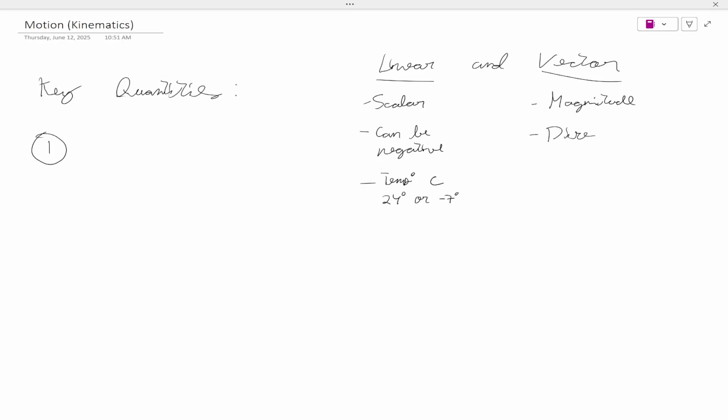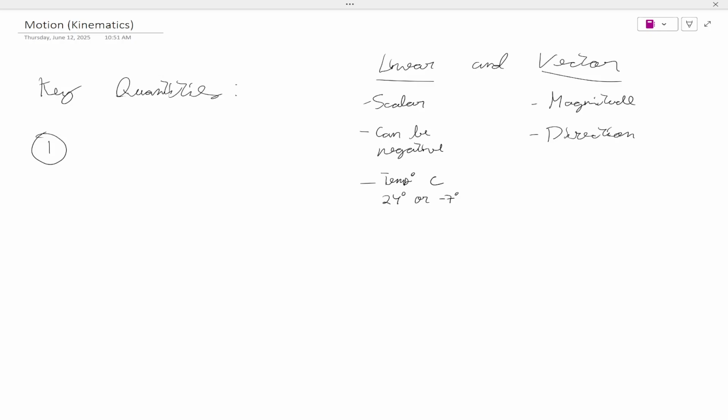That's the key differentiation between vectors and linears: vectors have direction. If you watched Despicable Me, vector, magnitude and direction. That's what it means. I just learned that at the start of the year. I never knew what a vector was before. But now you know.